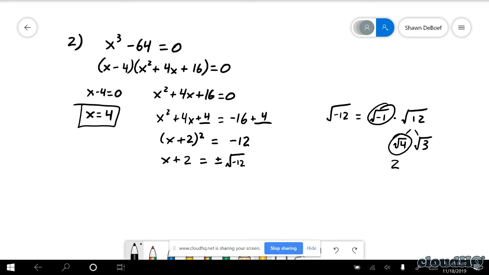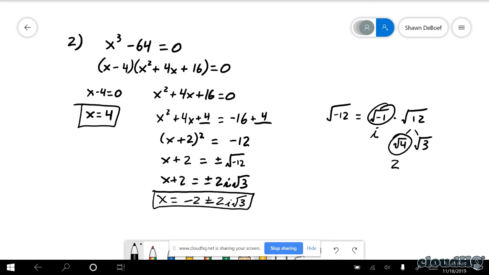Square root of negative 1 equals i. Square root of 3 doesn't break down. So we have plus or minus 2i square root of 3. And then to finish the problem, subtract. So negative 2 plus or minus 2i square root of 3.